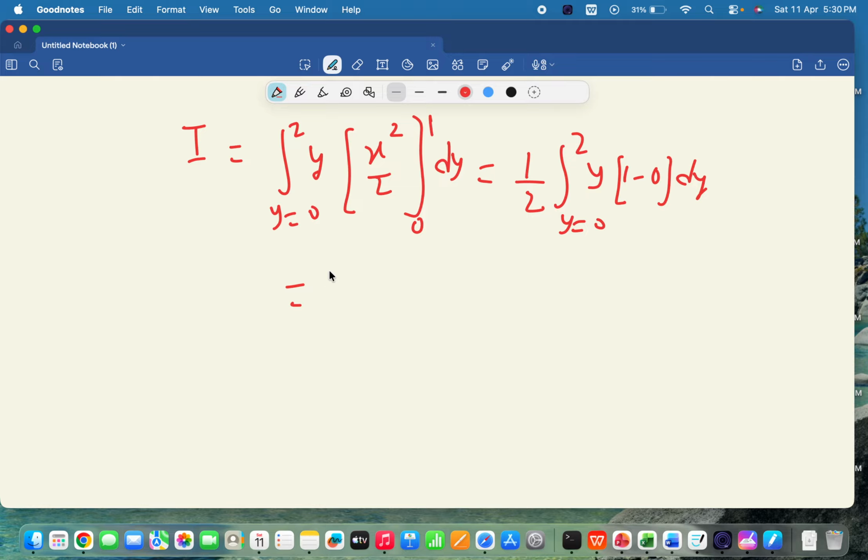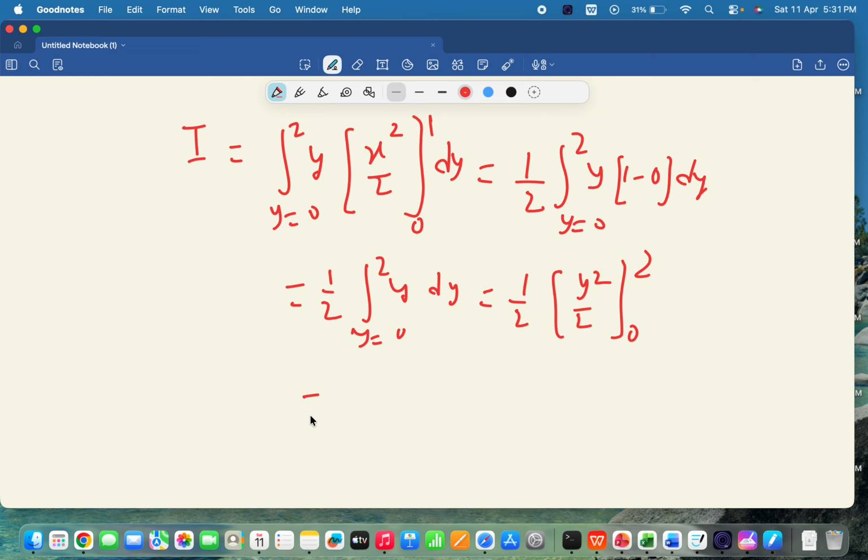Okay, just 1 by 2, y from 0 to 2, and here we have y dy. Now solve this y integration, which is y square by 2 from 0 to 2. So 1 by 2 again 1 by 2, so it will be 1 by 4, and by putting the limit value we will get 4 minus 0. So the answer is 1 by 4 into 4, which is 1.